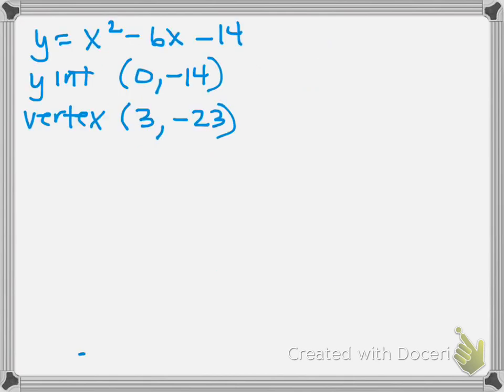Okay, so we have the y-intercept (0, -14) and the vertex (3, -23). The direction is up because a is 1. Our line of symmetry is always the x of the vertex, but you turn it into a line.